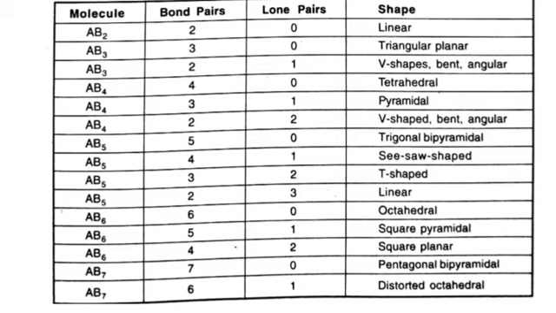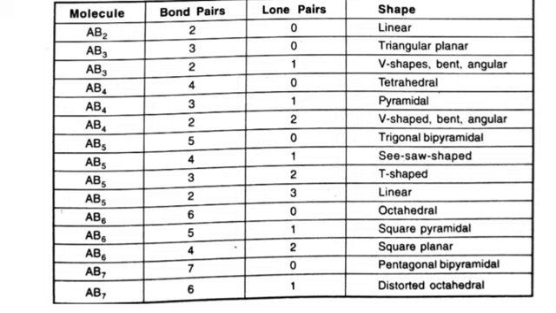3 bond pairs and 1 lone pair gives pyramidal shape. 2 bond pairs, 2 lone pairs, V-shaped. 5 bond pairs, 0 lone pairs, trigonal bipyramidal. 4 bond pairs, 1 lone pair, seesaw shaped. 3 bond pairs, 2 lone pairs, T-shaped. 2 bond pairs, 3 lone pairs, linear. 6 bond pairs, 0 lone pairs, octahedral. 5 bond pairs, 1 lone pair, square pyramidal. 4 bond pairs, 2 lone pairs, square planar. 7 bond pairs, 0 lone pairs, pentagonal bipyramidal, and 6 bond pairs and 1 lone pair, distorted octahedral.